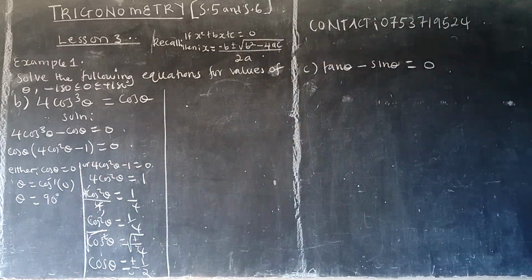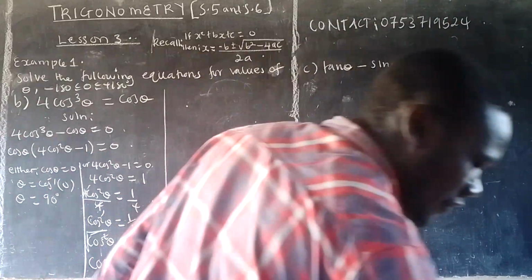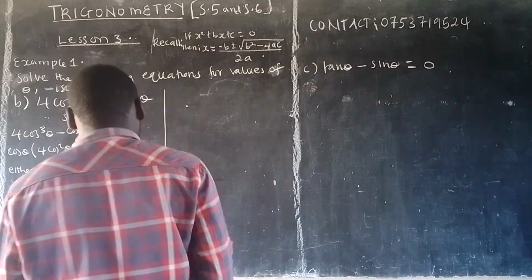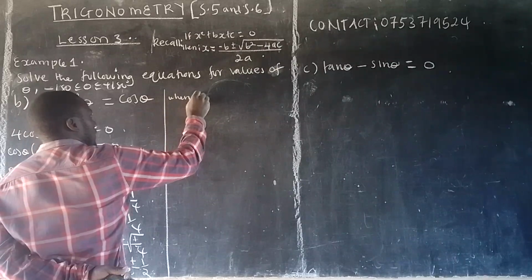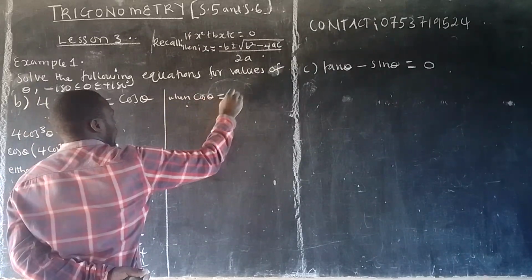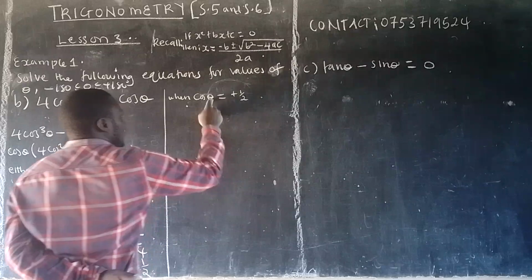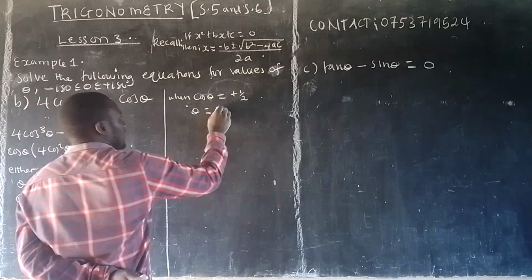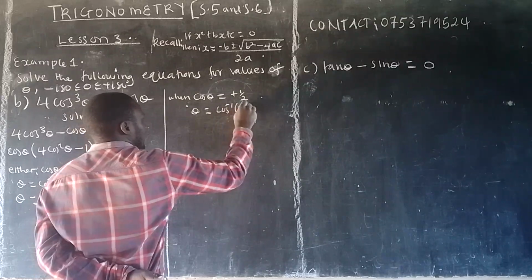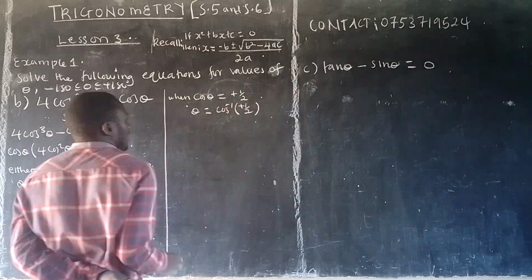Positive negative a half. There are 2 answers, and we must get the answers for each. So I will say here, I'll begin with this, when cos theta is equal to positive a half. Theta, get the inverse. I began with the one with the positive part. Theta is equal to cos inverse of positive a half.